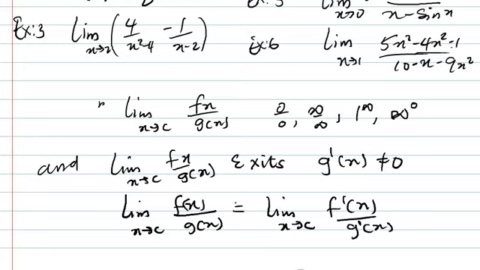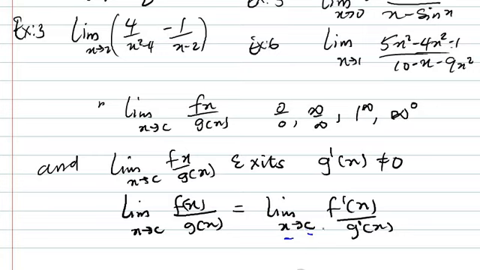So the formula is given as follows: if the denominator of the given function, when you differentiate it, is not equal to 0, then the limit as x goes to c of f of x over g of x is equal to the limit as x goes to c of f prime of x over g prime of x.